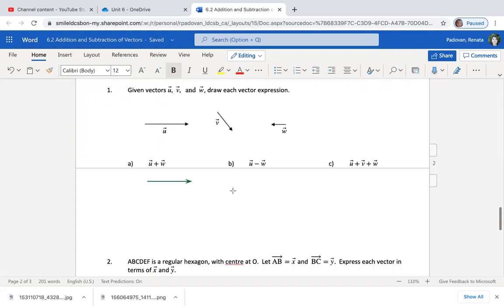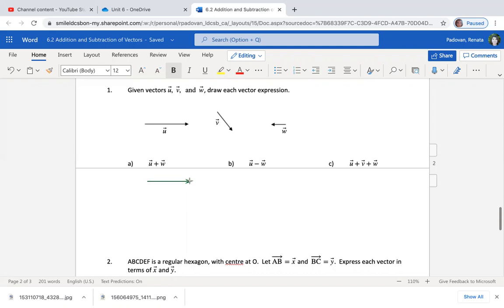And then if I want to add vector w to that, you see here, vector w is going in an opposite direction. So if they're opposite vectors, not opposite meaning I know they're not the same length, but going in an opposite direction, then we can't use the tail to tail method here, okay? So using the head to tail method, I would have vector u, and then again, keep my pencil at the head of the first vector I drew.